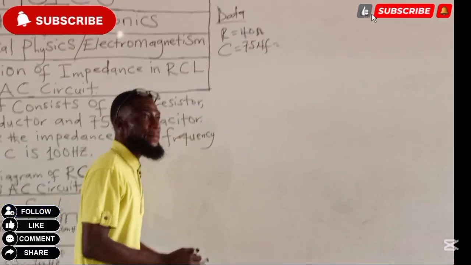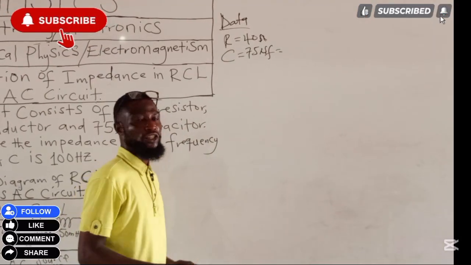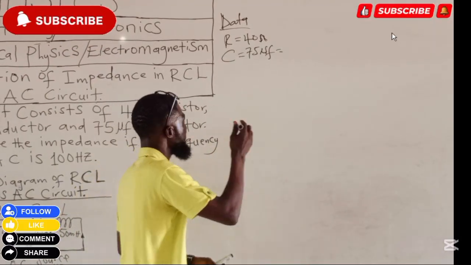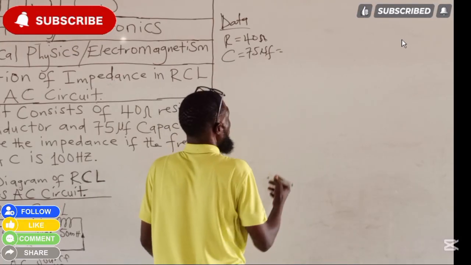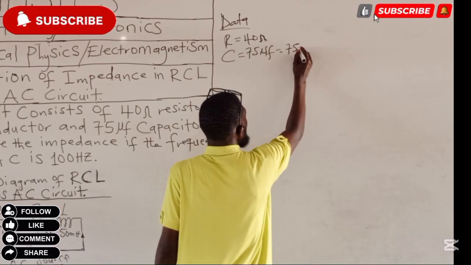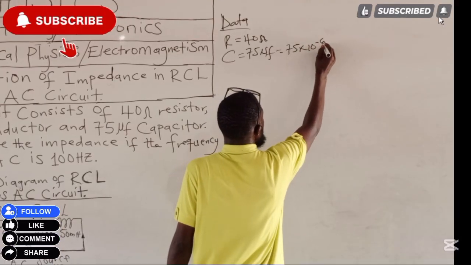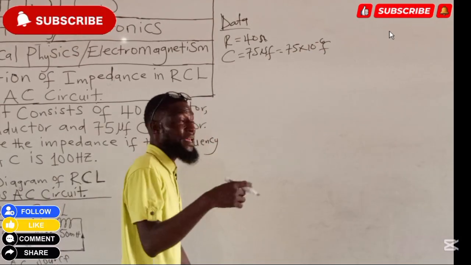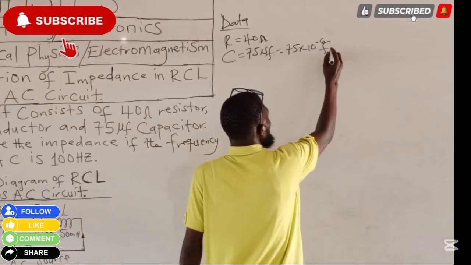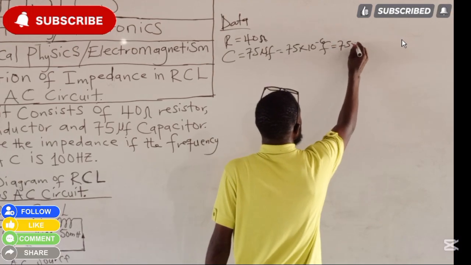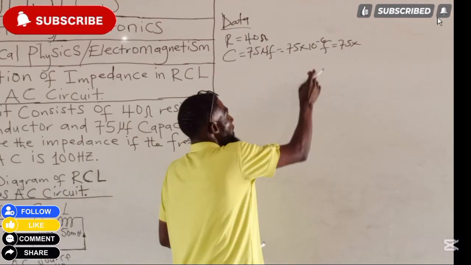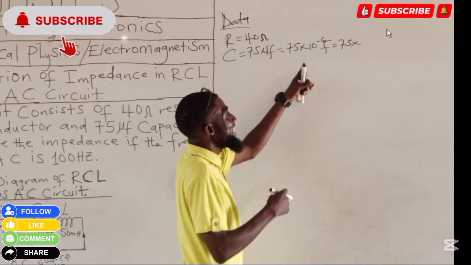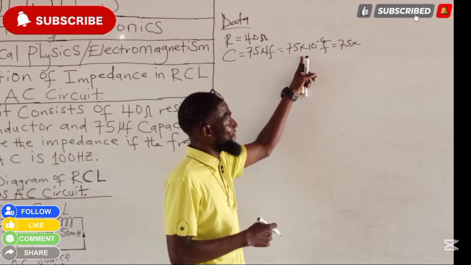And this 75 microfarad will be changed to farad. So to change the 75 microfarad to farad, we say 75 times 10 raised to the power minus 6 farad. And it can be expressed as 75 times 10 raised to the power minus 6, which means we indicate 6 zeros to the left.